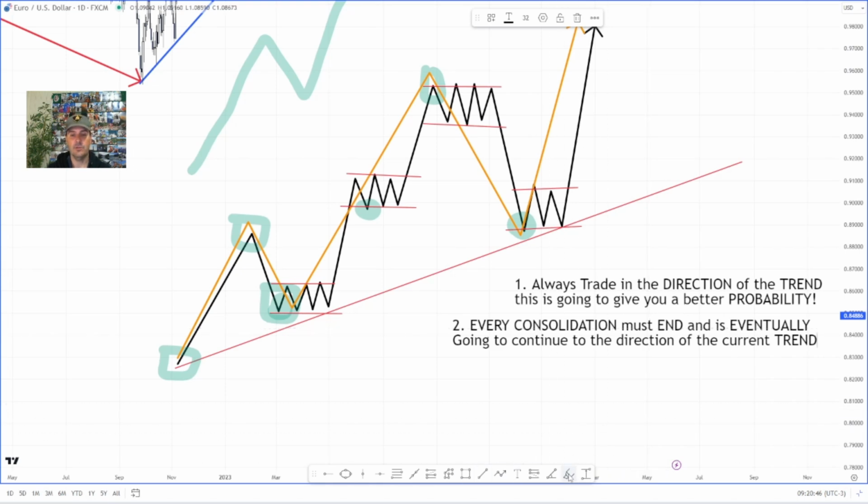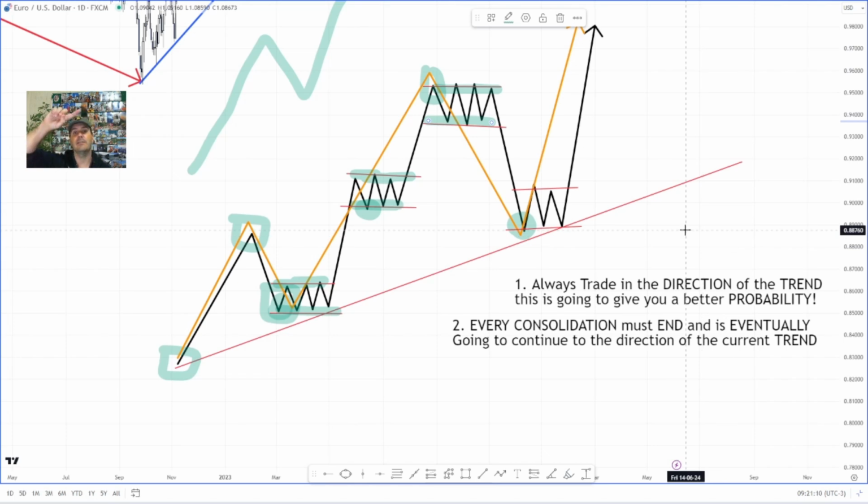So even though, yes, it's true that you can sell resistance and buy support, sell resistance and buy support, because every consolidation must end, it is eventually going to resume in the direction of the current trend.